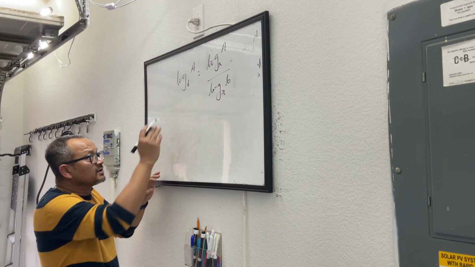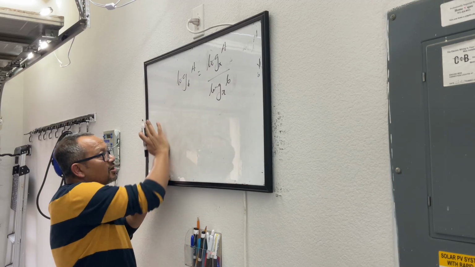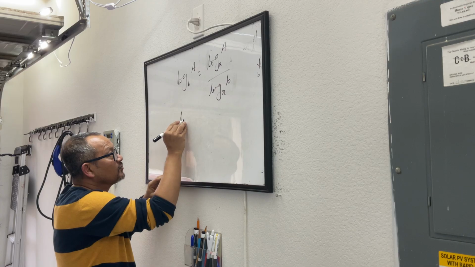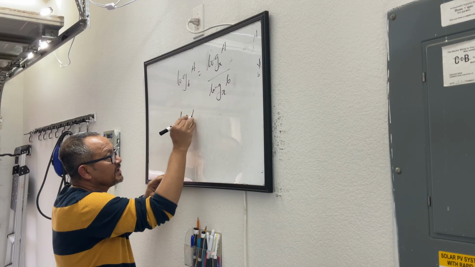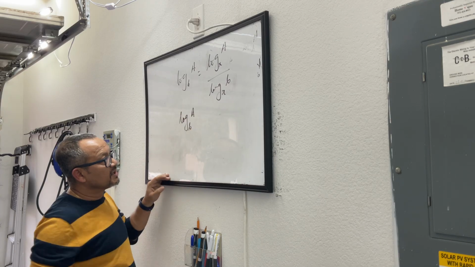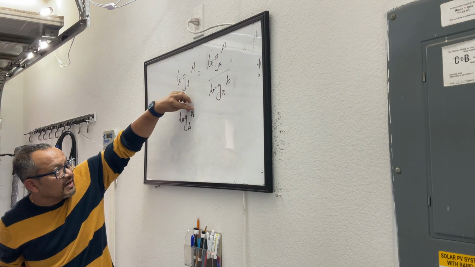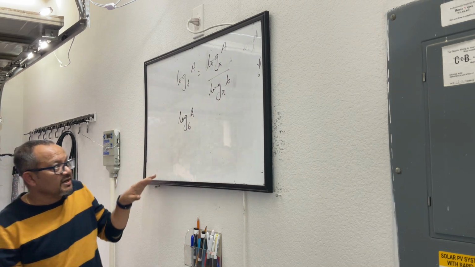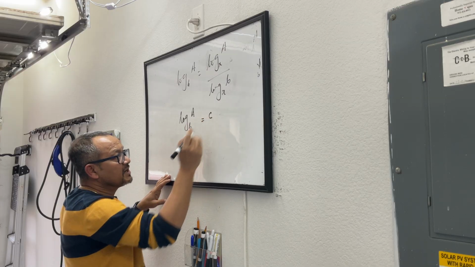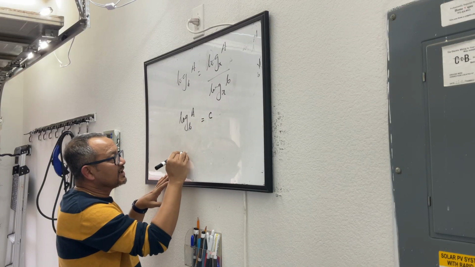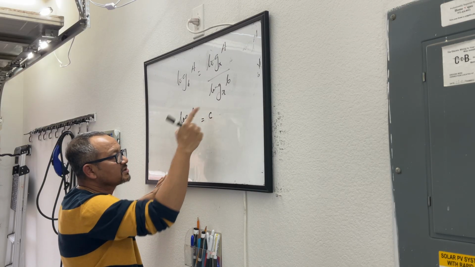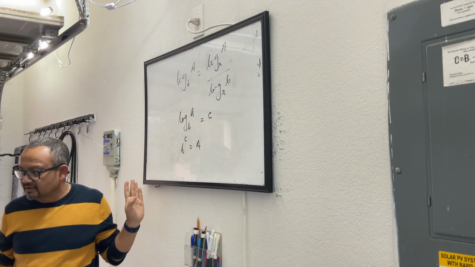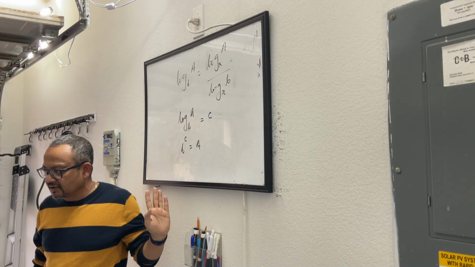So, another thing, the building block of log that we learned was, if I have to find out log of, let's say, A base B, meaning we are trying to find out the value of log of A where the base is B, and let's say that is equal to C, so in exponent terms we can relate that as B to the power C is equal to A. That's what we have seen. Everybody relates to it?